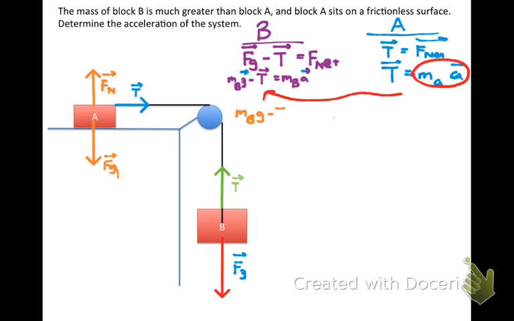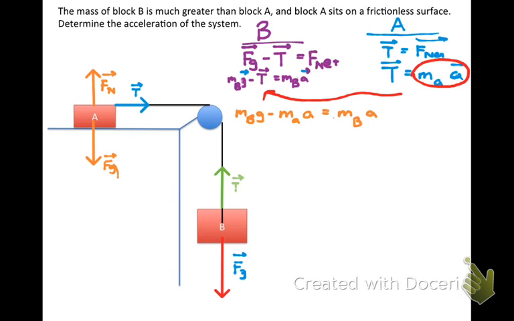Oops, we do know tension already. Tension is just MA, or mass of block A times A. That equals mass B times A.